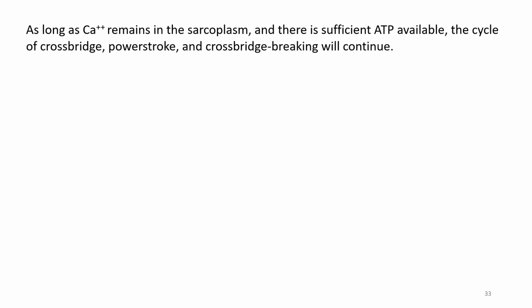So as long as calcium remains within the sarcoplasm, and as long as there is sufficient ATP available, remember it has to keep coming in and breaking that cross bridge and being hydrolyzed. So as long as we still have calcium within the sarcoplasm, it can bind to troponin. And as long as we have ATP available to break the cross bridges and be hydrolyzed, this cycle of cross bridge, power stroke, cross bridge breaking will continue.